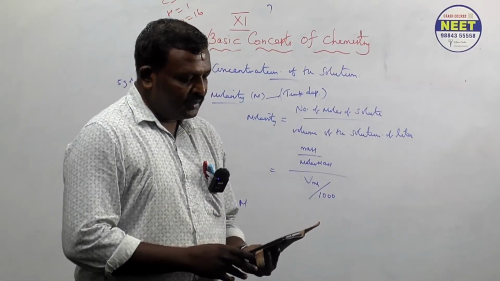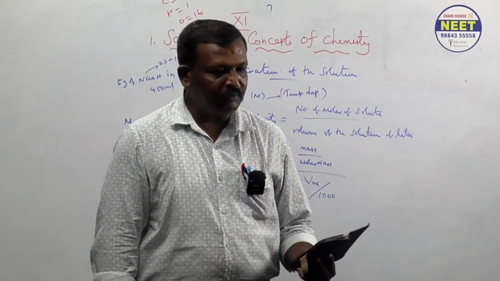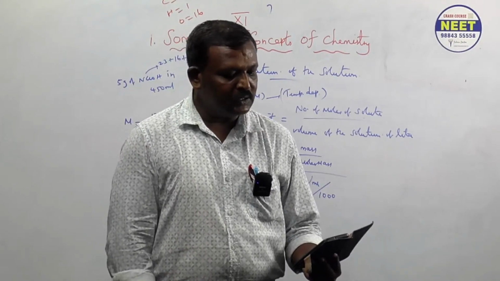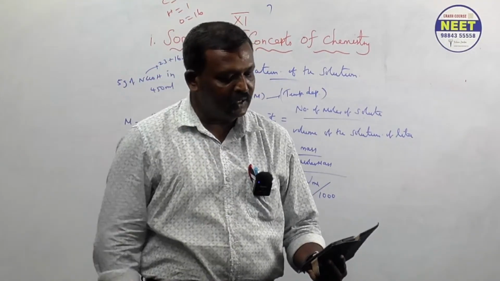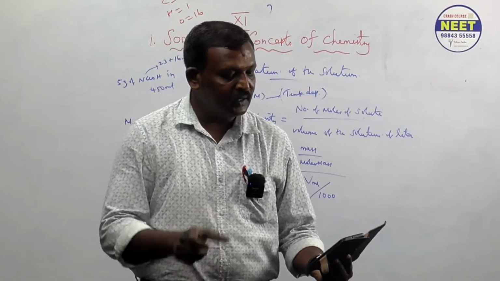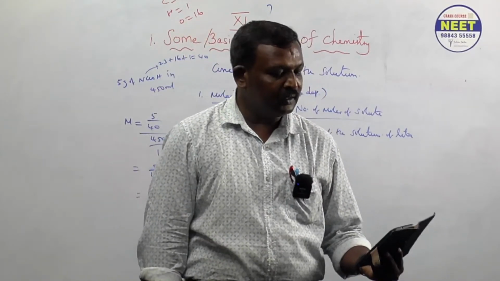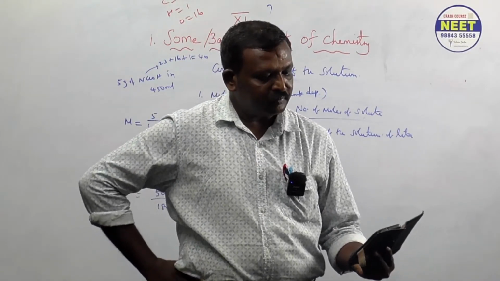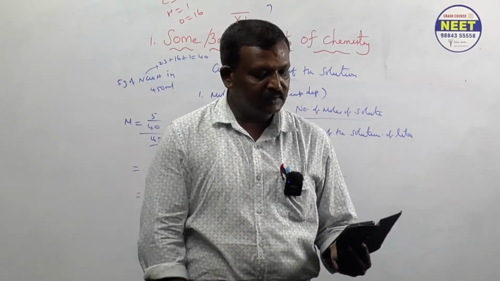Okay, right. 4.5 gram of urea (molar mass 60 gram) are dissolved in 100 ml of water in a volumetric flask.